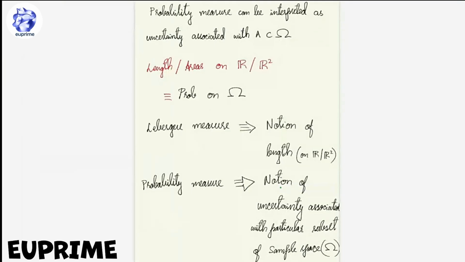Probability measure can be interpreted as the uncertainty associated with it. This notion is very effective. Whenever you think of quantifying uncertainty, probability tools come in handy.